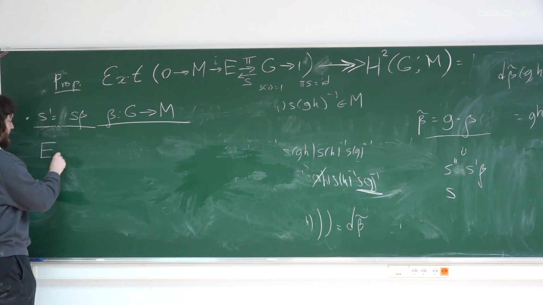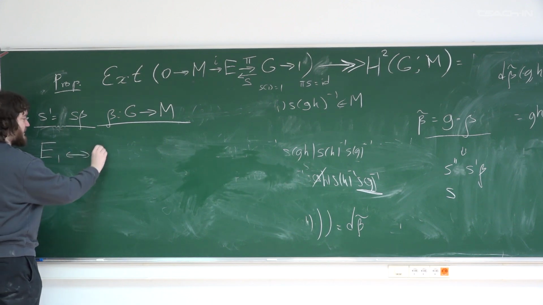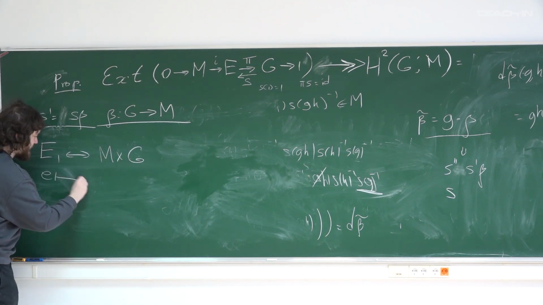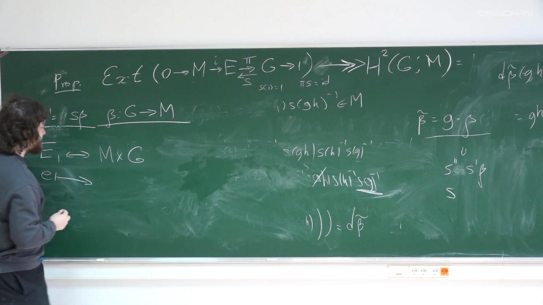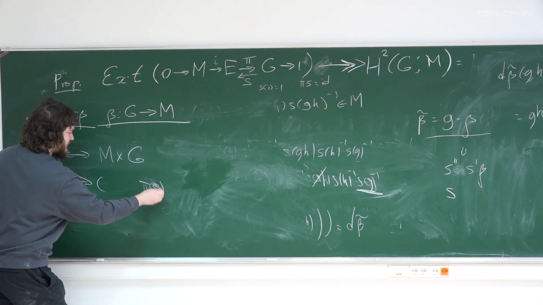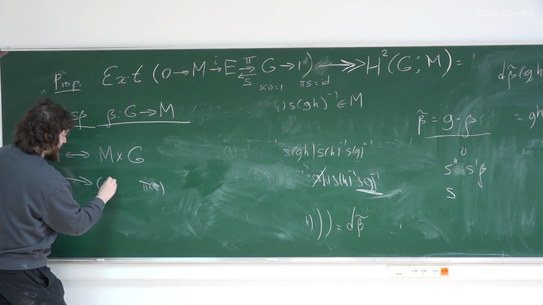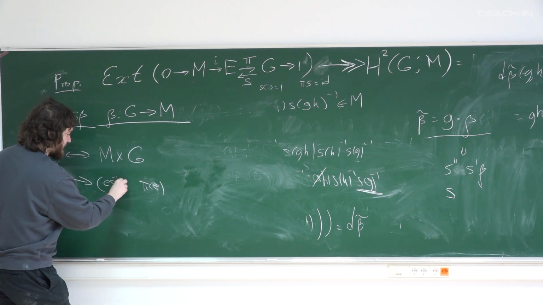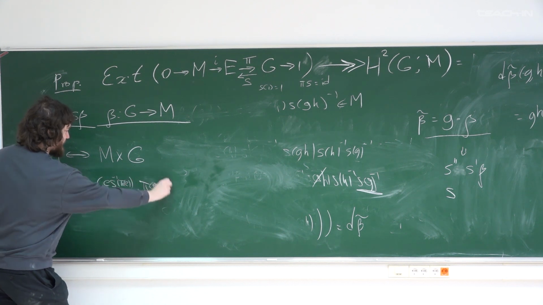For example, for one extension, I have a bijection with M times G, which sends e to pi e, and s minus 1 pi e. Yes, something like this.